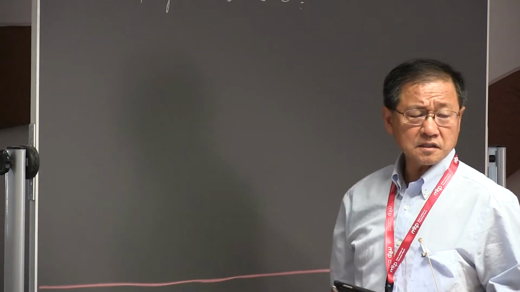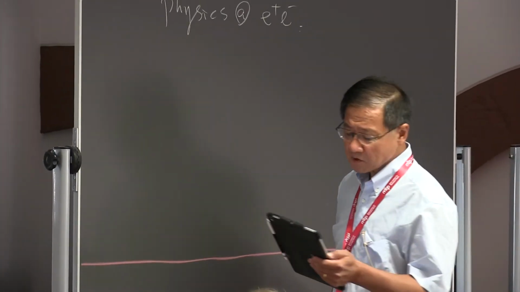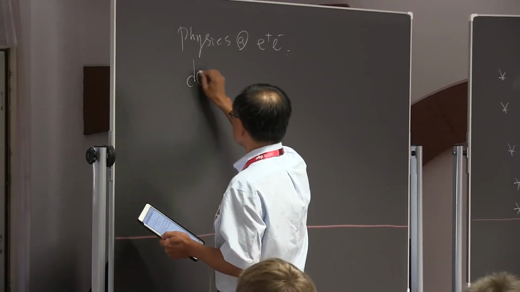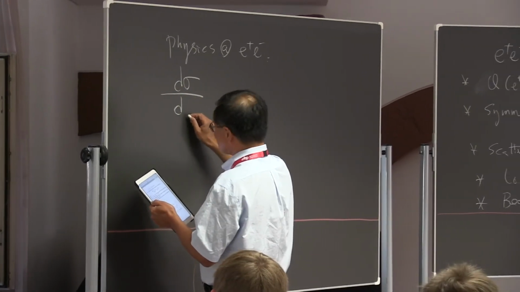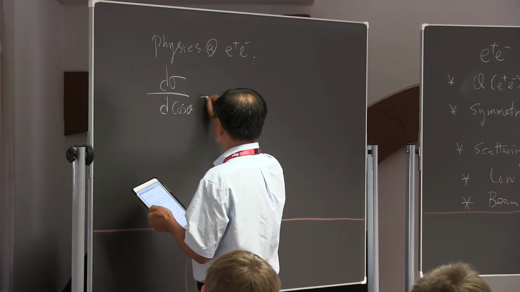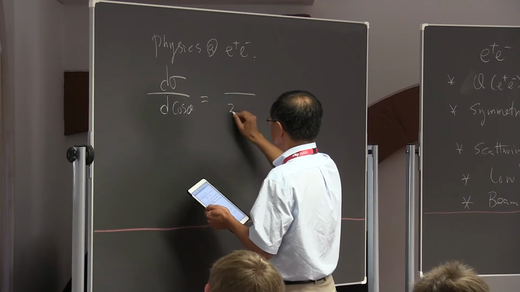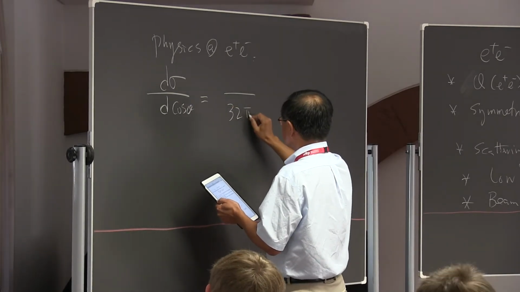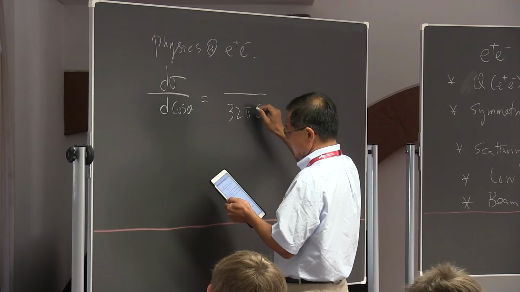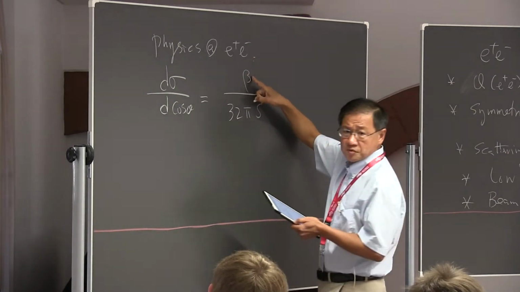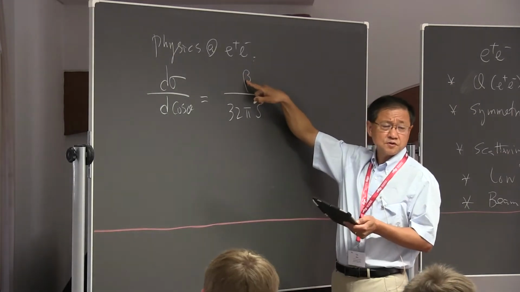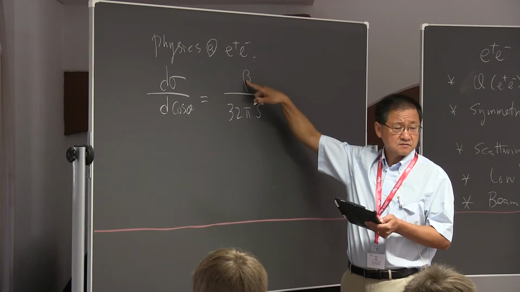So typically, let's look at the 2-to-2 process. A simple, typical 2-to-2 process gives you this generic form. This is essentially 1/S behavior, threshold behavior. This threshold behavior typically refers to the final state particle mass, right?